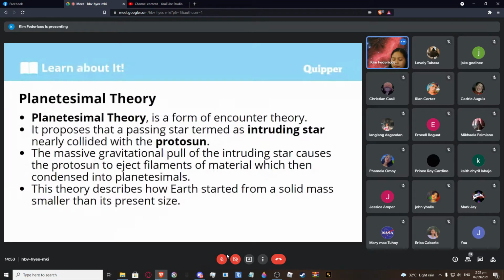And the gases from the star would rotate, spin around the sun, and spread out into a disk. These gas particles would eventually condense and form planets, moons, and other small celestial objects. So that is the planetesimal theory.